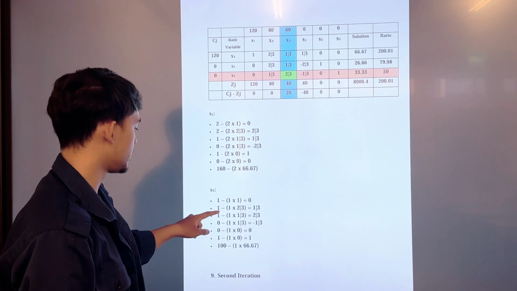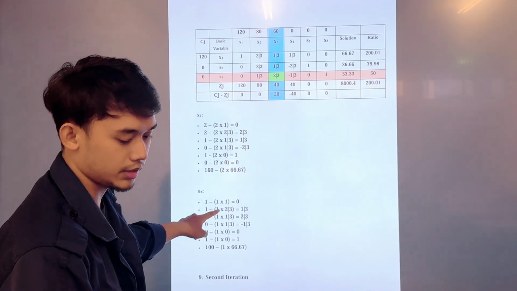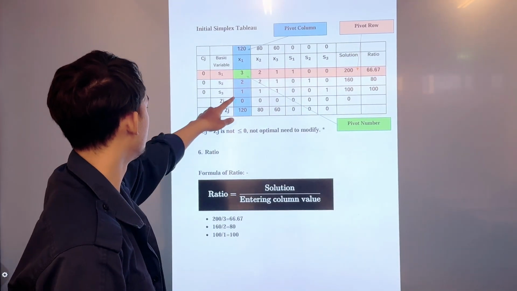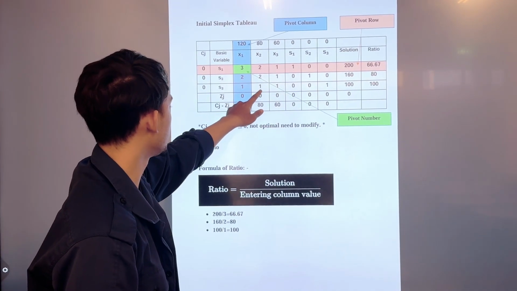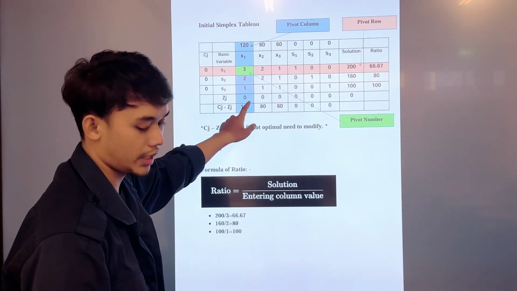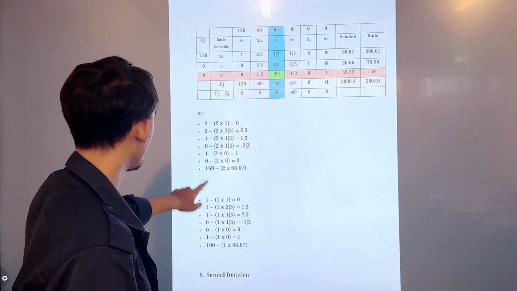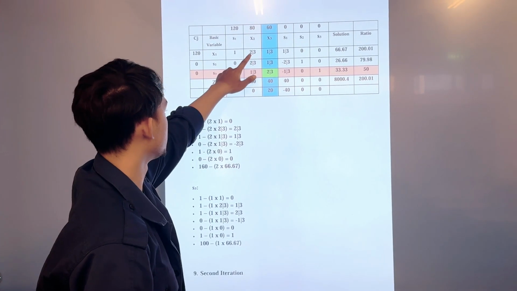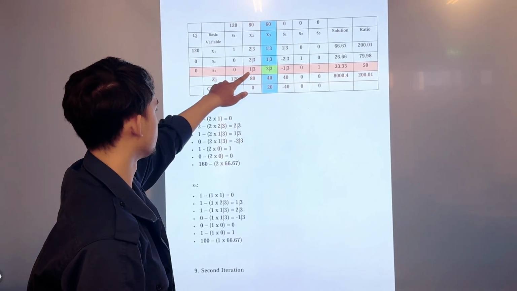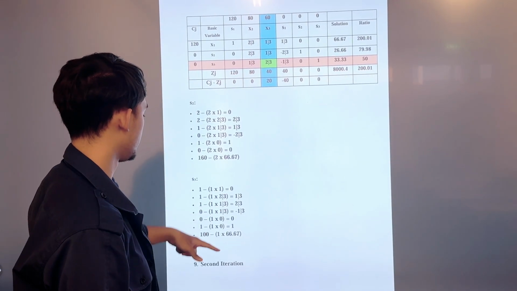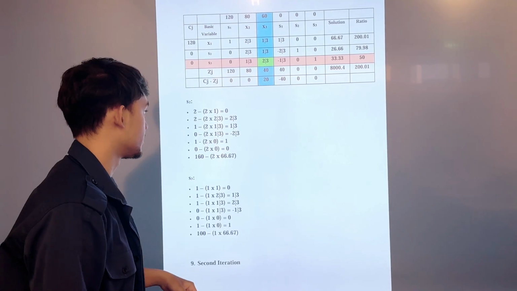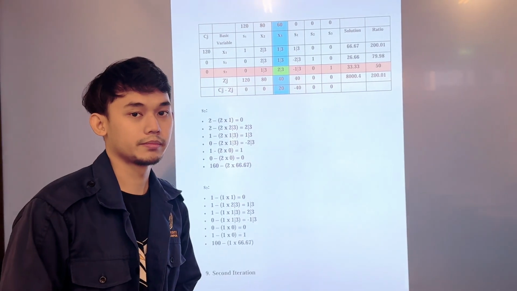And next, 1 is the initial term, 1 minus 1 times 2 per 3. You can get this. And for the next ones you can do the same thing.